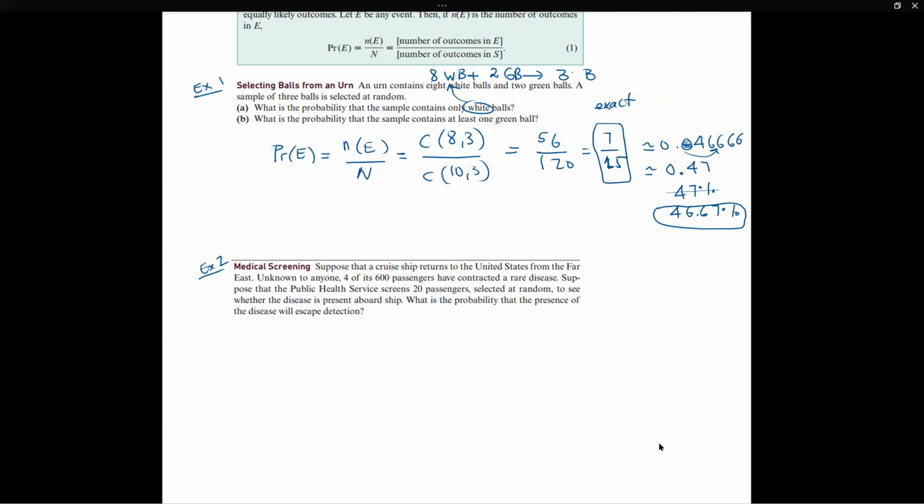And we've seen now these stories happening, even with the coronavirus. Let's just say 4 out of 600 passengers have contracted a rare disease. Of course, coronavirus is not a rare disease now, it's a pandemic.